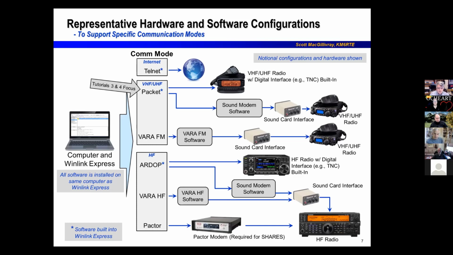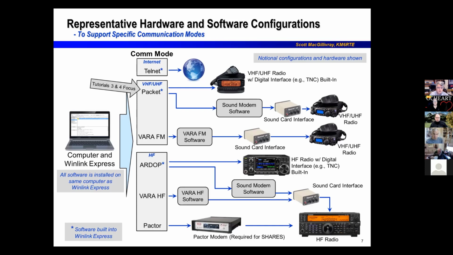Okay, and then you'll see for packet, I have two different ways of using the packet communication mode. The top arrow just goes directly off to a VHF, UHF radio that already has some type of built-in digital interface, a TNC, a digital communications interface.